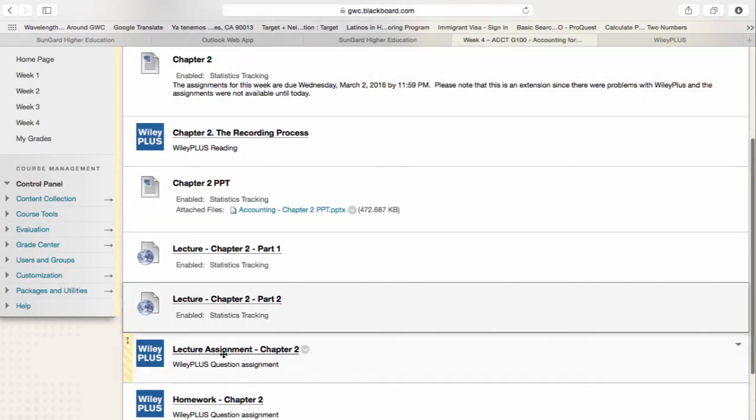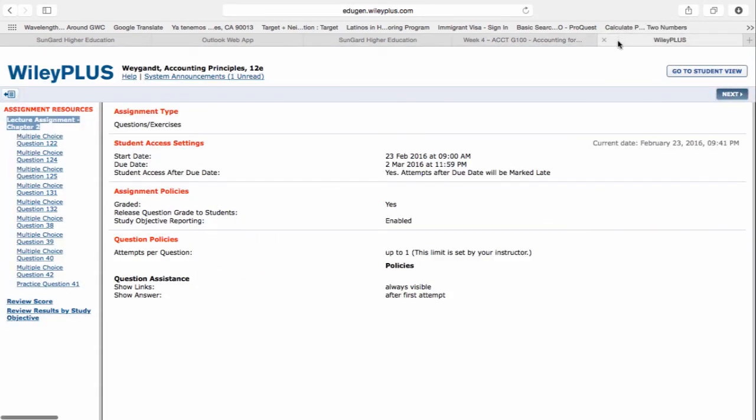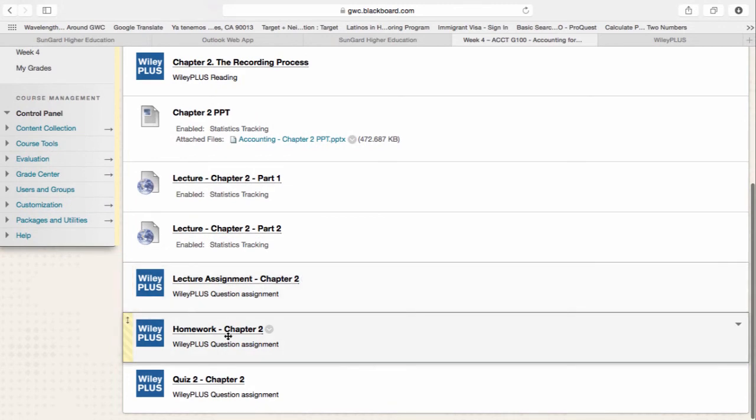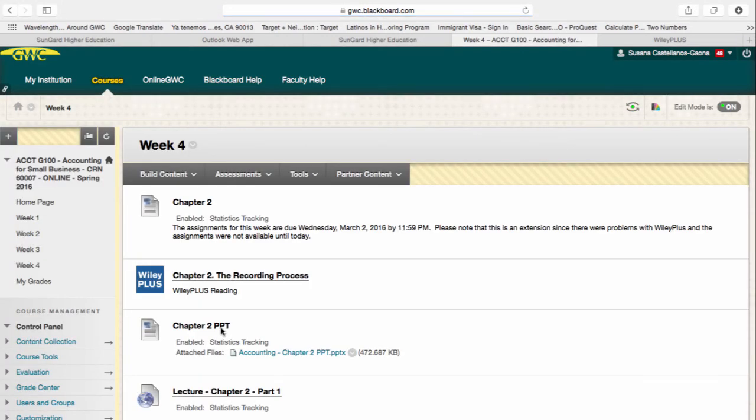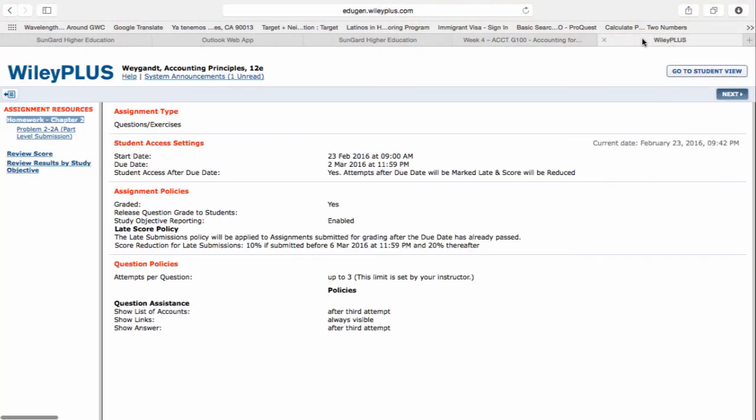Notice that for the lecture assignment, you only have 1 attempt. So you need to make sure you do it right. It says right here, this is limited up to 1 attempt. But for the homework assignments, I think I made it for 3 attempts. You have 3 attempts to get it right.